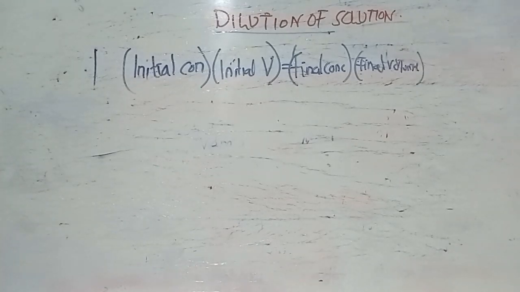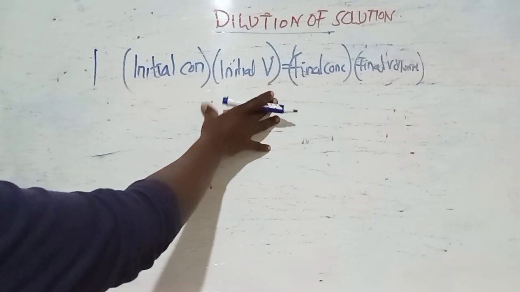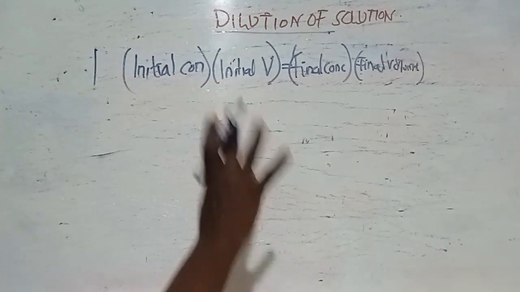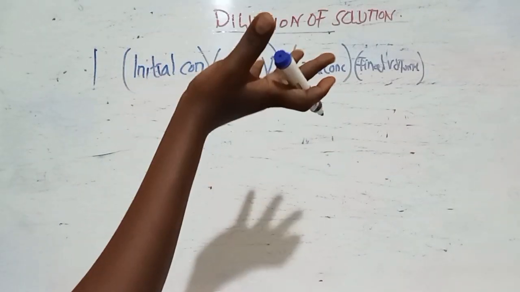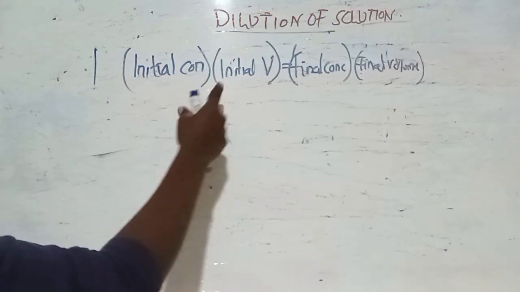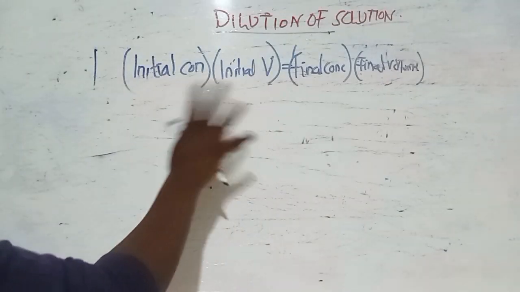Okay, so we've said that when you're diluting a solution, the moles of that solution does not change, because the only thing that happens is the increase in volume, but not the increase in what? The number of solutes. The number of solutes remain the same.